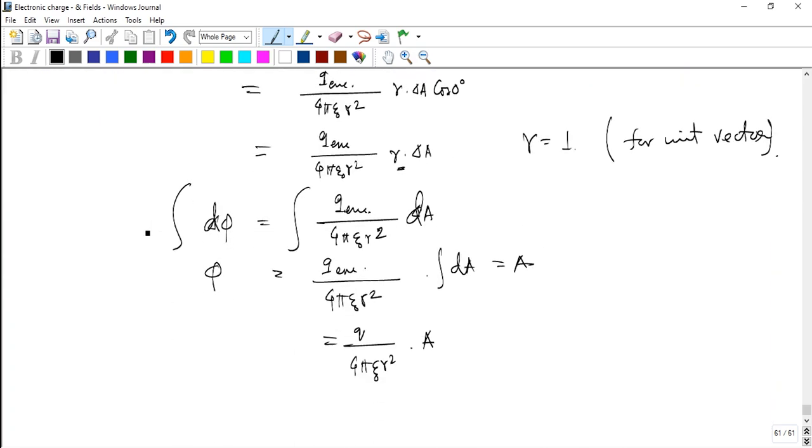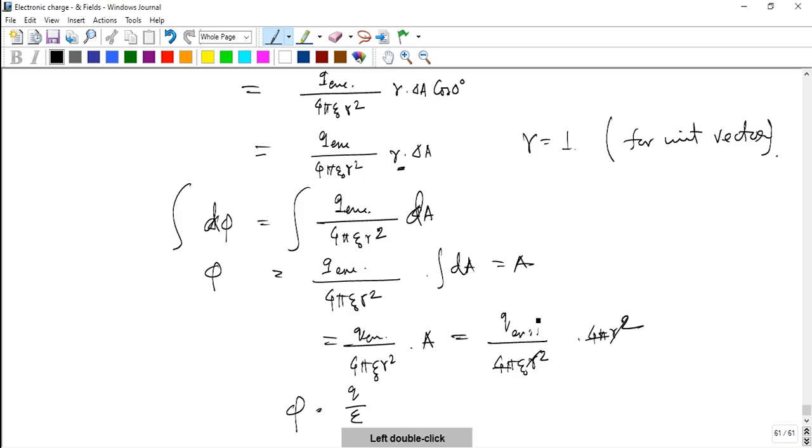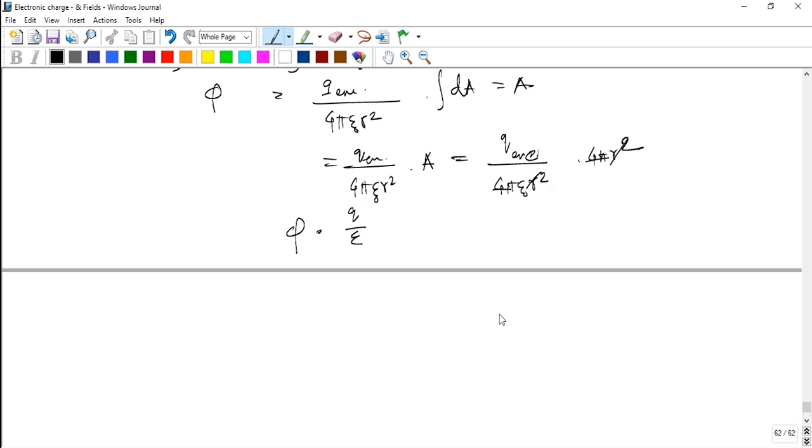The 4 pi cancels, and we get phi equal to q by epsilon naught, the charge enclosed. So Q enclosed equals phi times epsilon naught. Sorry, that is not E, that is epsilon naught.